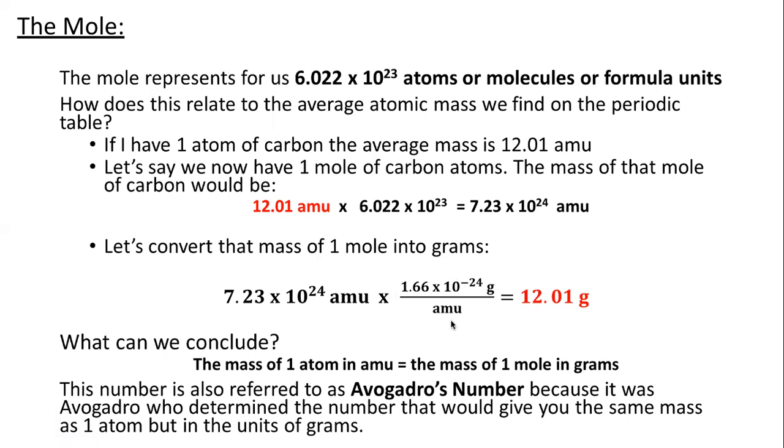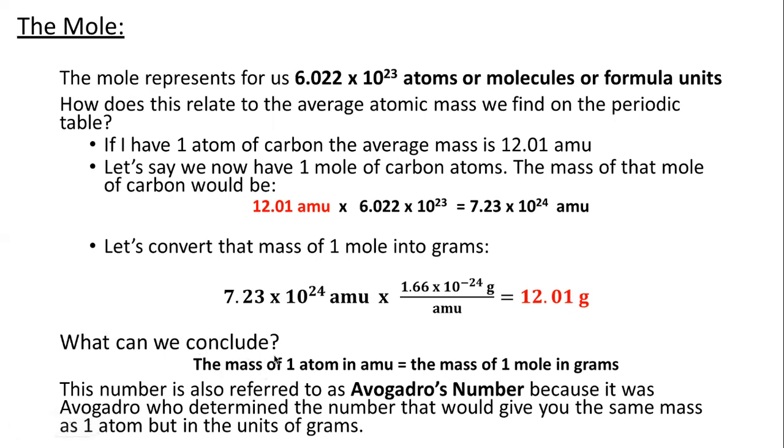But 1 atomic mass unit is 1.66 times 10 to the negative 24 grams. And because we have atomic mass units here and atomic mass units down at the bottom, these cross out, we're left in grams, and we get the same number that is on the periodic table, which is 12.01 grams for carbon. So what can we conclude?